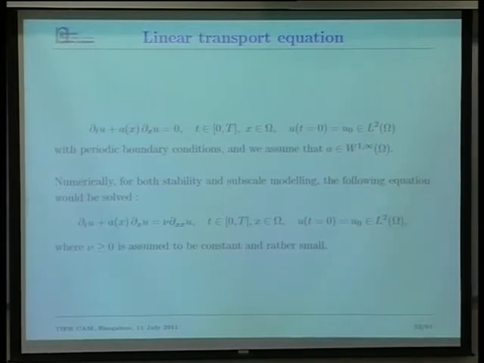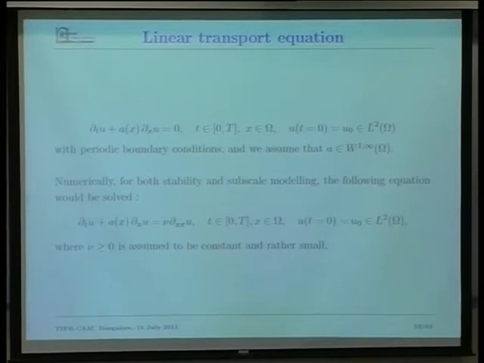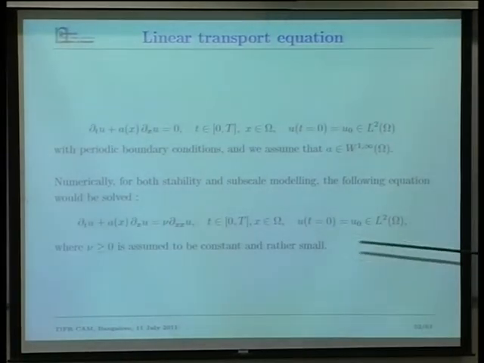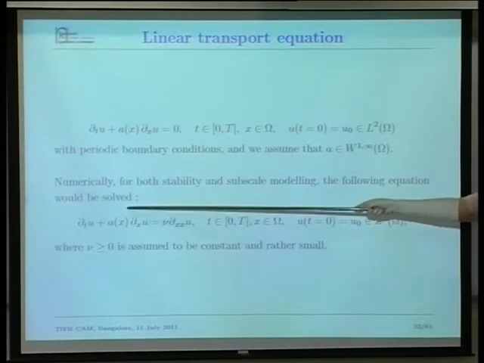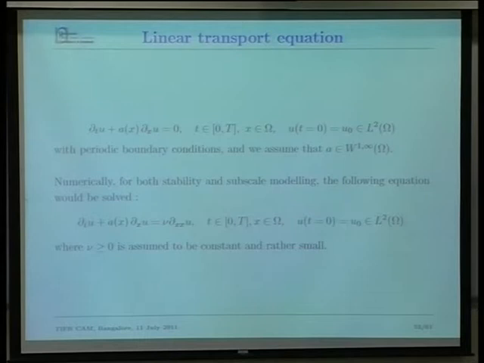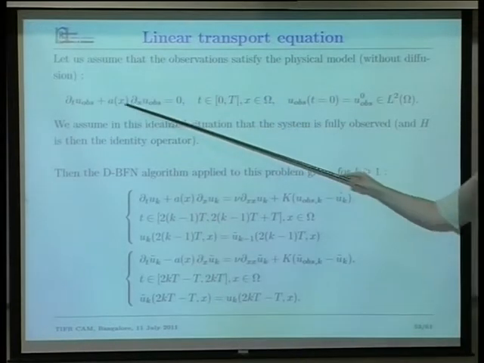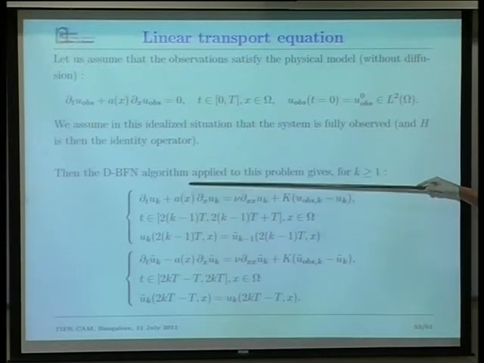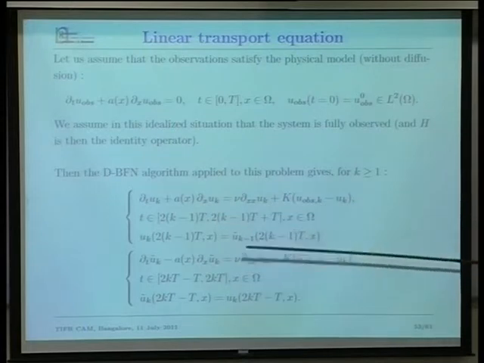So we assume that the observations are a solution of this system here, and then for stability and subscale modeling reasons, we will use this numerical model. We will solve numerically this system with some small diffusion, either like that or with a diffusive scheme. So we assume that the observations are a solution of this equation without diffusion, and we solve this with the back and forth nudging with the diffusive BFN algorithm.